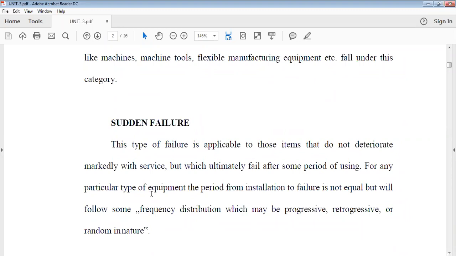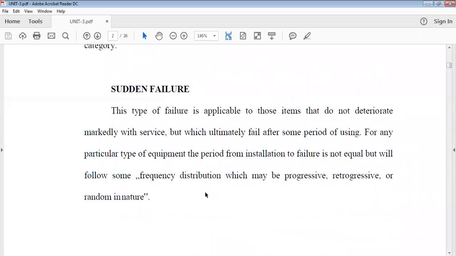For any particular type of equipment, the period from installation to failure is not equal, but will follow some frequency distribution, which may be progressive, retrogressive or random in nature. You can take the failure of bulbs as an example of sudden failure.